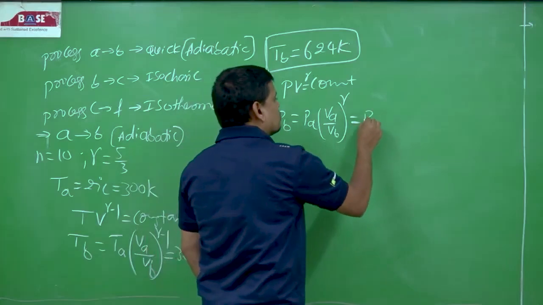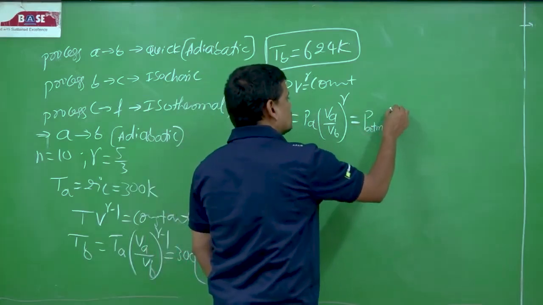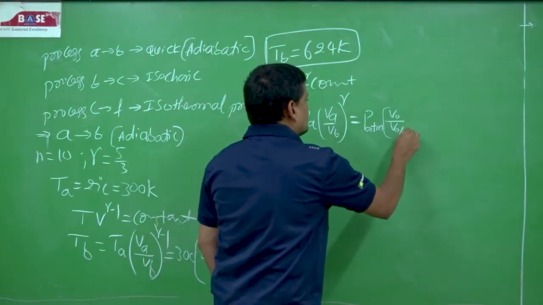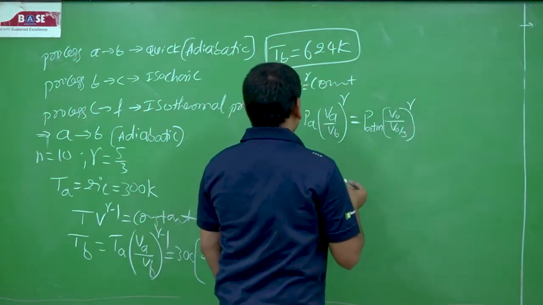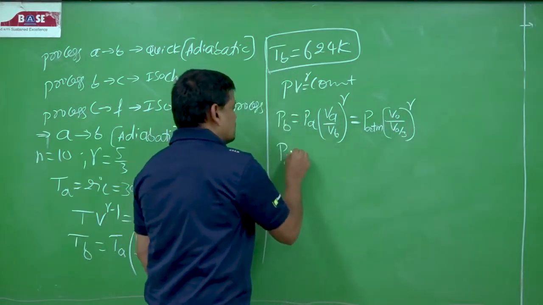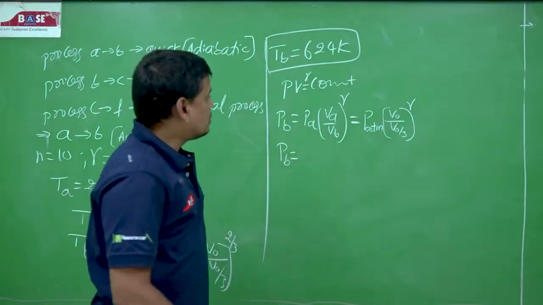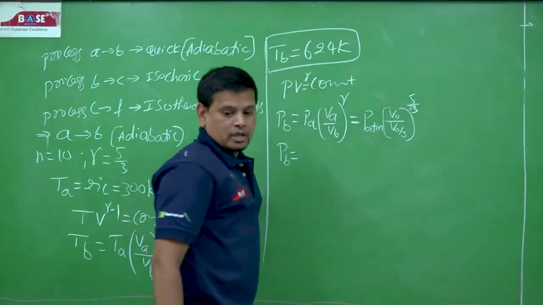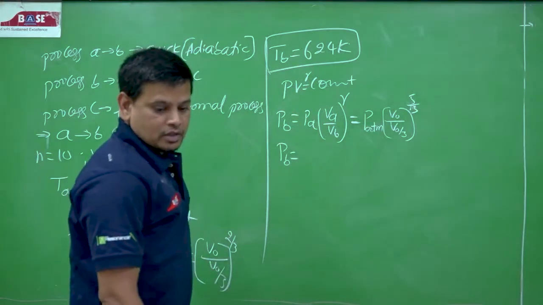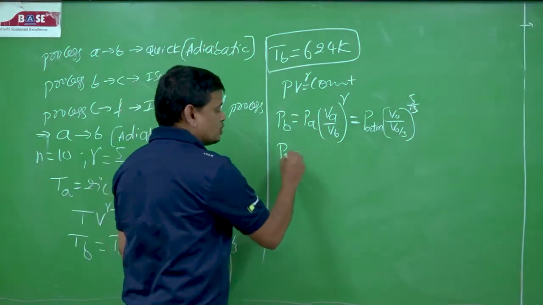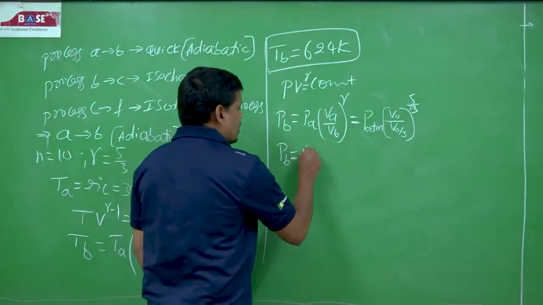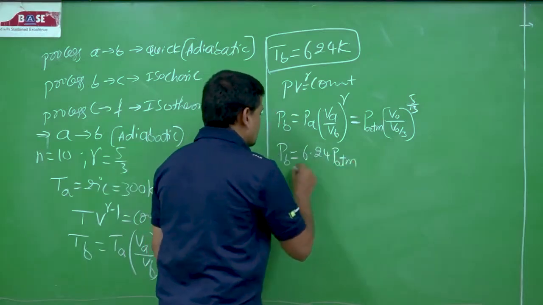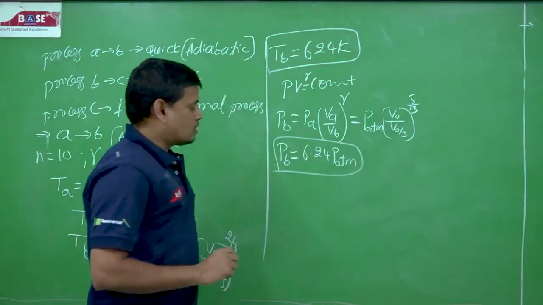Pressure at A is nothing but atmospheric pressure as given in the question, and the volumes we know, V0 upon V0 by 3 whole to the power gamma, where gamma is 5 by 3. Substituting the values, this leads to 6.24 times the atmospheric pressure. This is what I got.